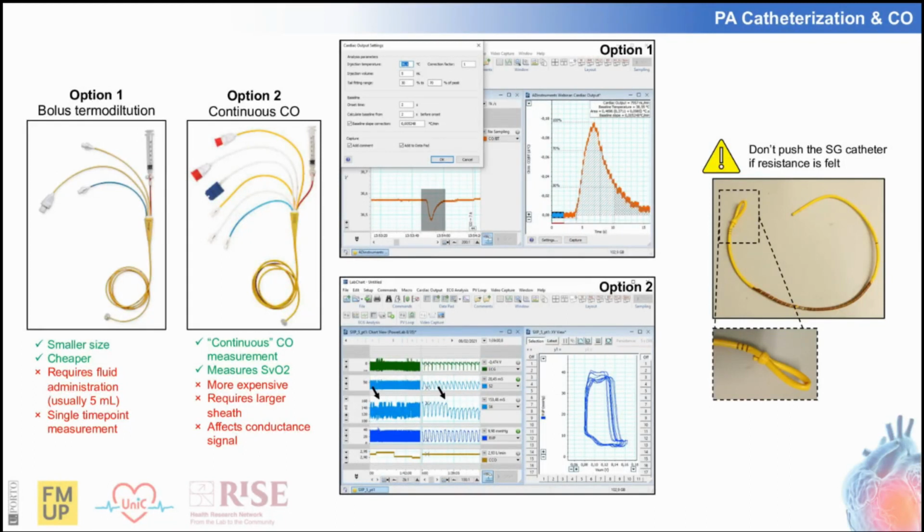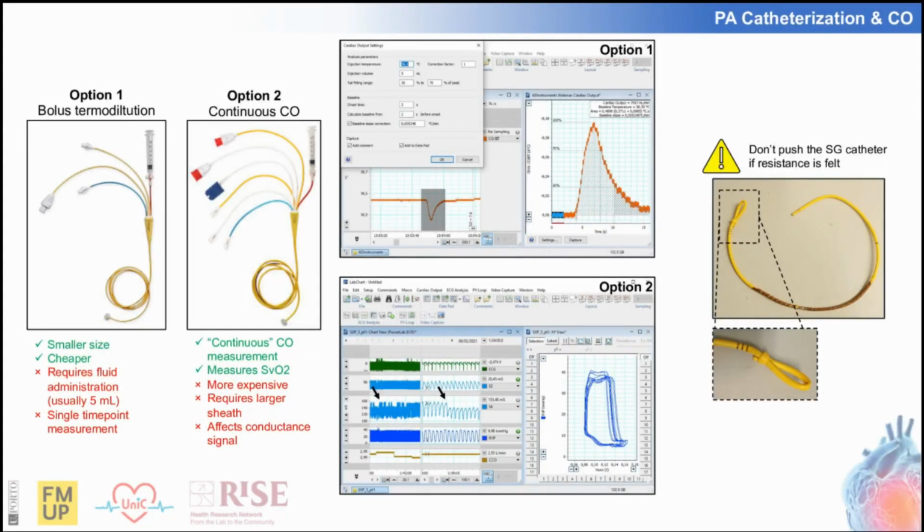On the other hand, the continuous cardiac output gives you an ongoing cardiac output value and also allows for mixed venous saturation monitoring. Importantly, since this works by heating a resistance placed near the catheter tip, it does affect the conductance signal, so it has to be off when performing your recordings.